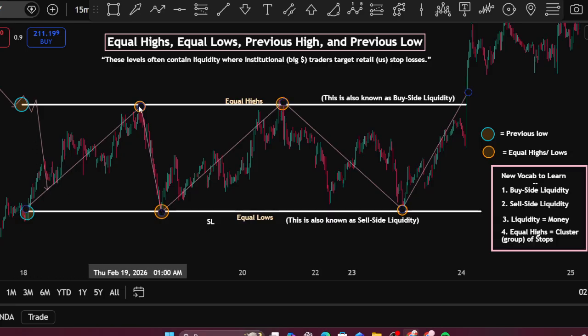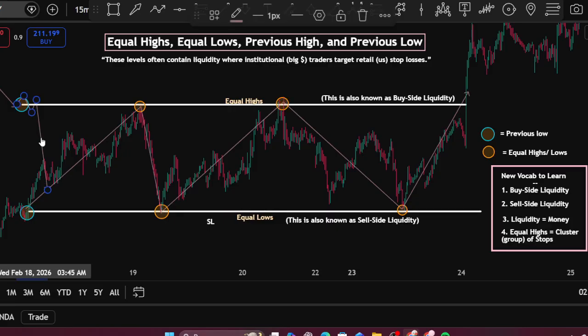And then it'll start this pattern. The only difference between the previous low, which is here, and the previous high, which is here, is just a location. Okay. I hope that I cleared that up for you.